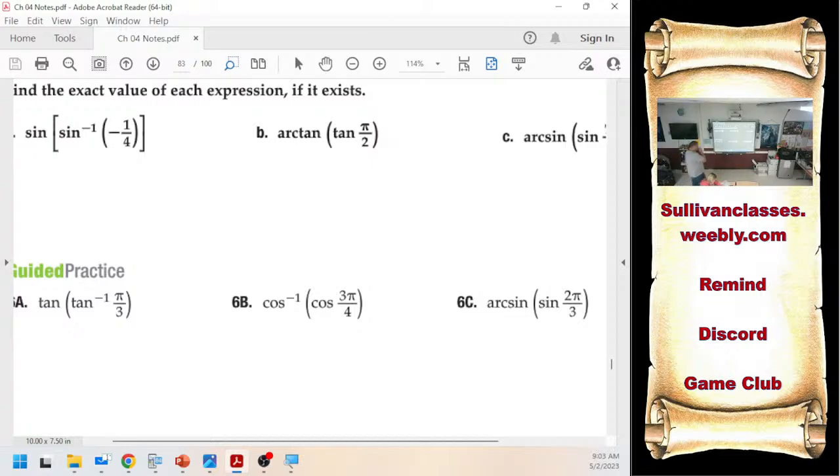All right, bottom three. Look them up. Be careful about what is legal and what is not, which quadrants you're allowed to be in. Arc functions are restricted. Regular functions are not.